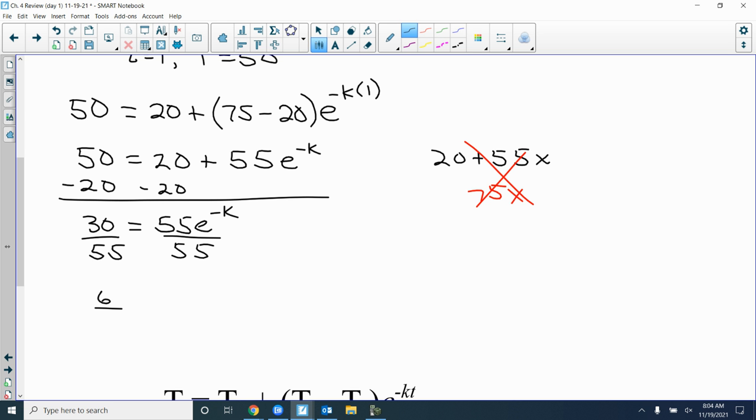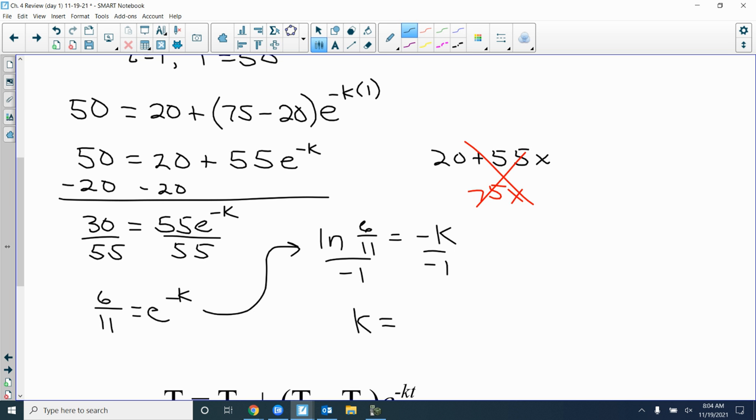It doesn't matter, but I think it becomes 6 over 11 equals e to the negative K. Convert to ln form: the natural log of 6/11 equals negative K. And what do I need to divide by to find K? Negative 1. Now you need to keep K as an exact value or round it. I think we usually round it to 6 places, just to make sure we have it accurate enough. So let's round it to 6 places, and we're going to use that for the rest.